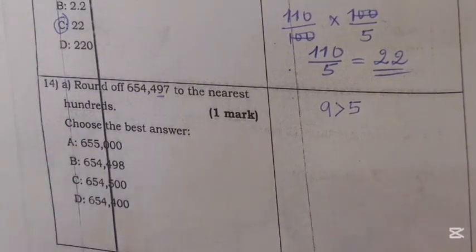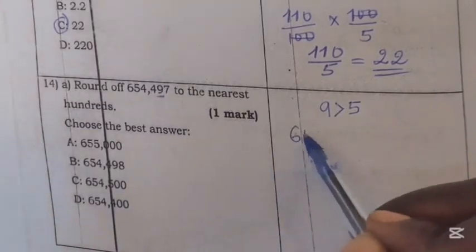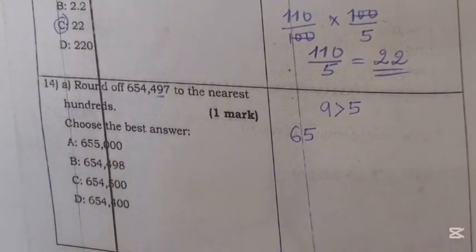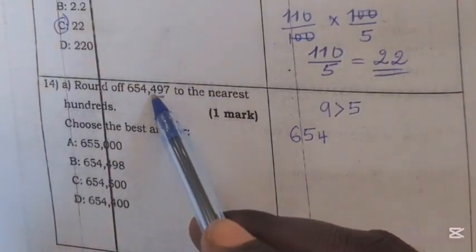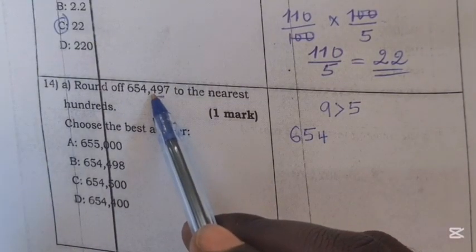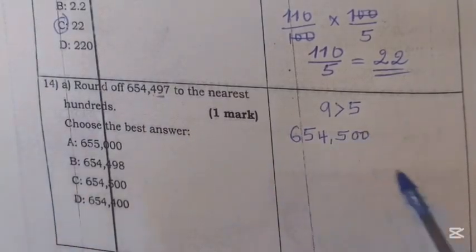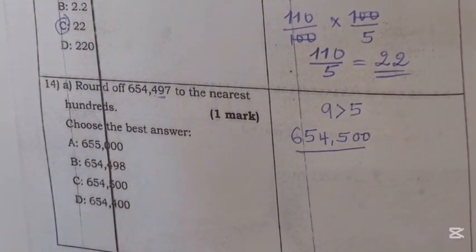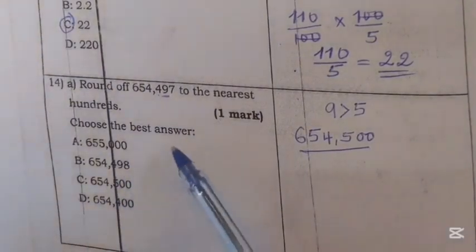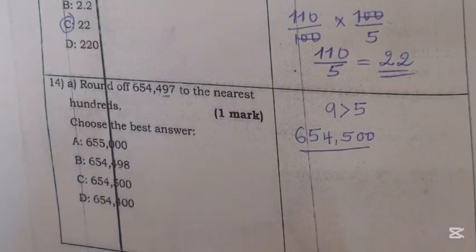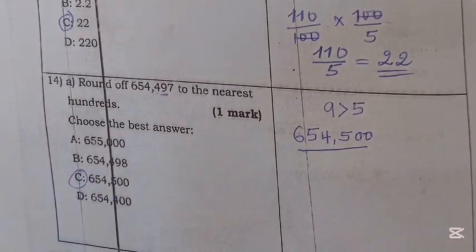Therefore, we will have 6, 5, 4, and this is the hundreds digit that we have been asked for. This will be increased to get 5 and the others will be 0. So choosing the best answer from here, it will be this one, C.